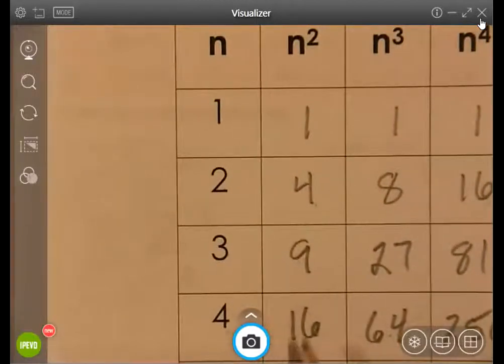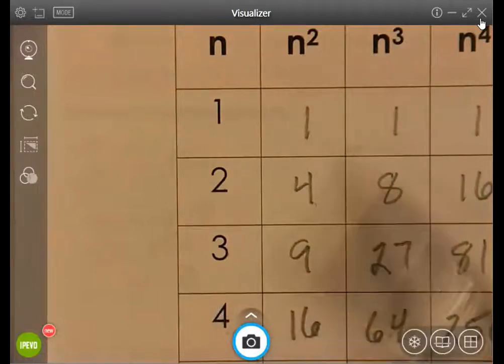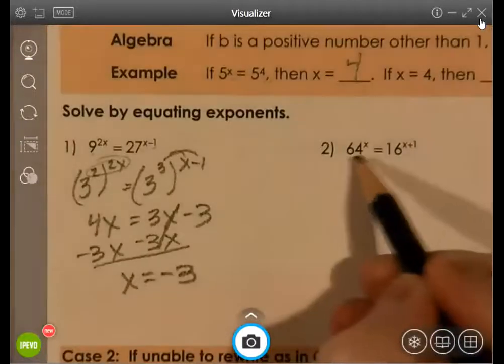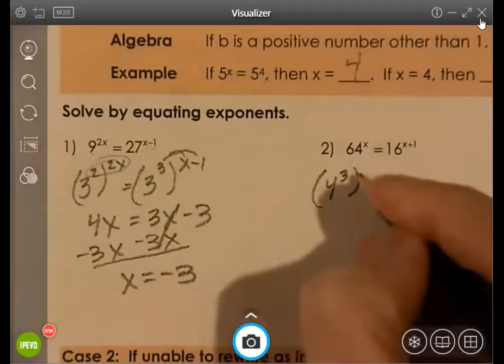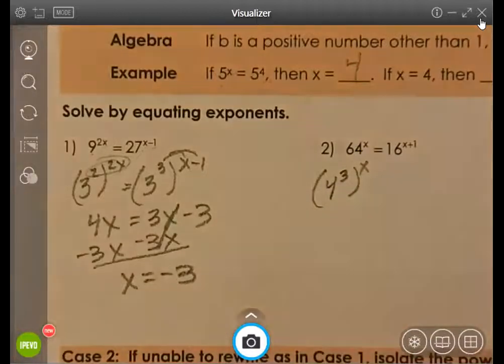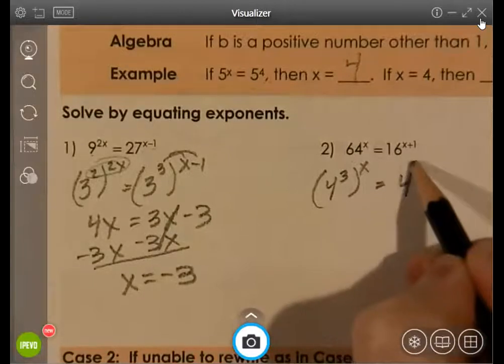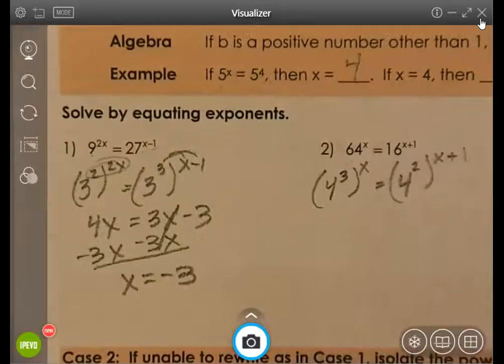X to the 4th power. We know that 4 squared is 16 and 4 cubed is 64. So 64 can be written as 4 cubed. So that is 64 to the x power. 16 can be written as 4 squared, to the exponent of x plus 1.